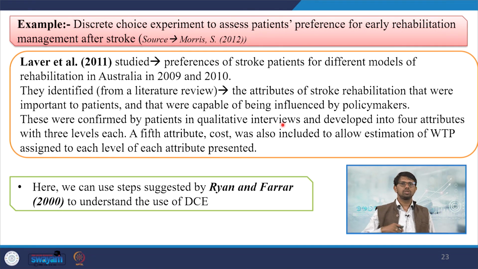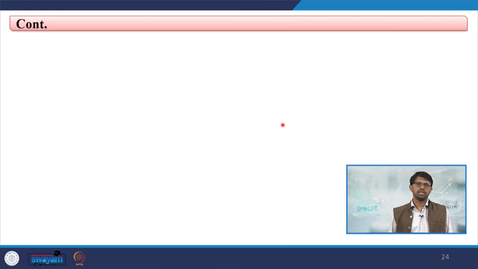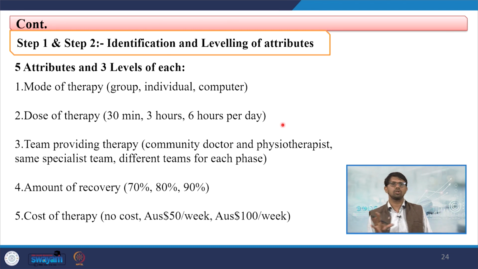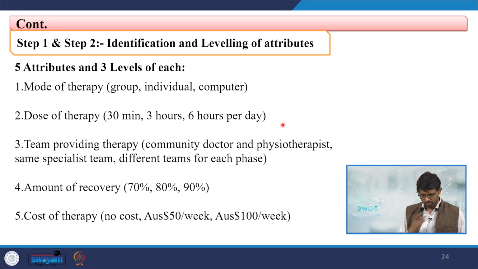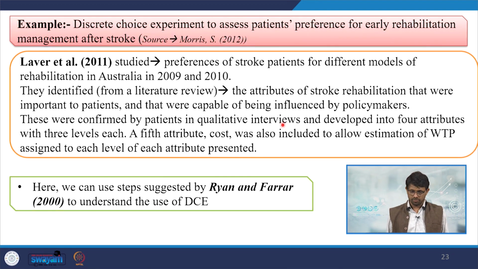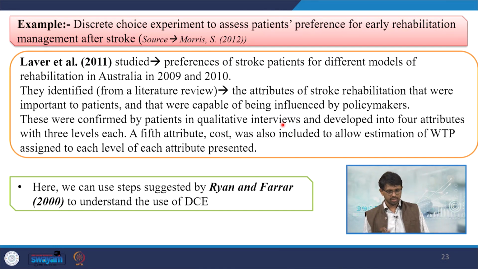Here we can use the 5 steps suggested by Ryan and Farrar, which I already mentioned, to understand DC in detail. Step 1 and step 2 are all about identification and labeling of attributes, which we already discussed. There are 5 attributes and 3 labels each, as per the work by Laver et al., also emphasized in Morris.